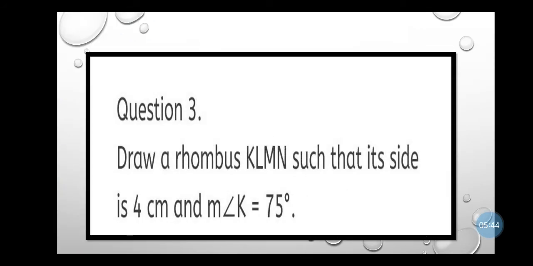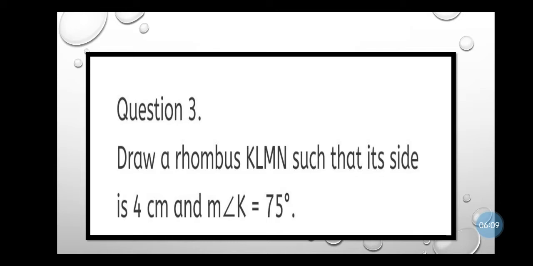Question 3. Draw a rhombus KLMN such that its side is 4 cm and measure angle K is equal to 75 degree. Okay. So we already know the sides of rhombus are congruent.